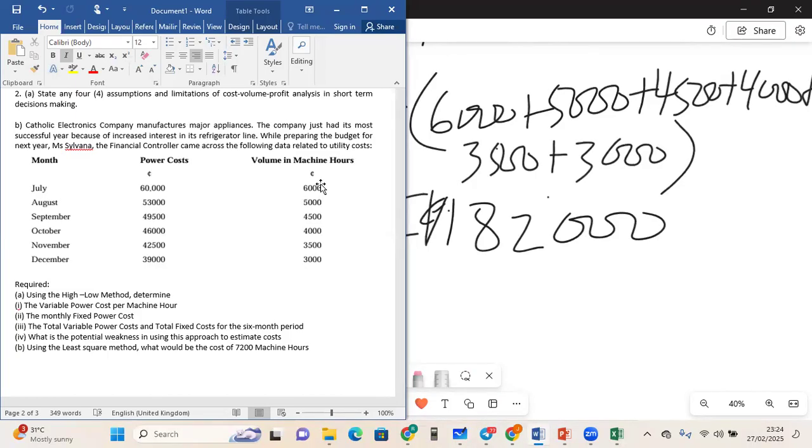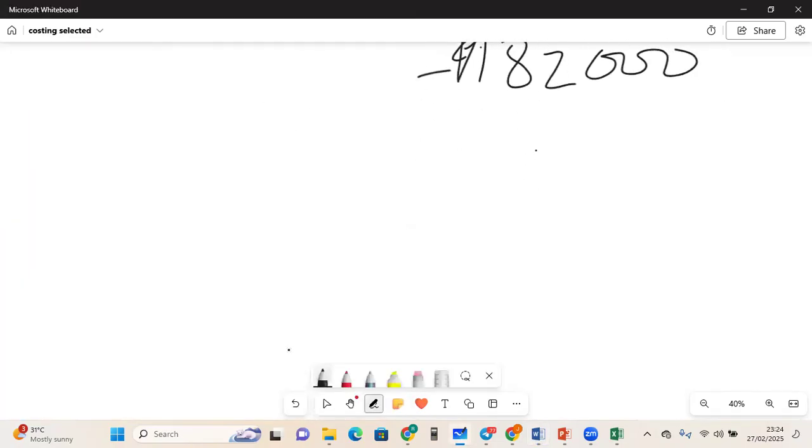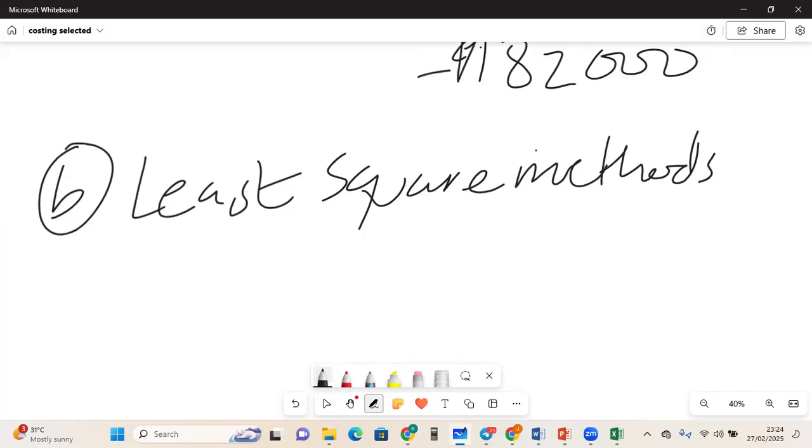So the next question, B here, is asking us, using the least square method, what will be the cost of 7,200 machine hours? So we are going to use the least square method to find the fixed and then the variable cost.